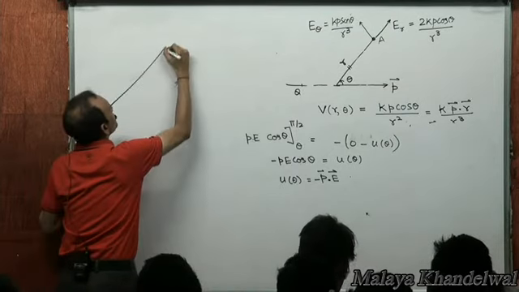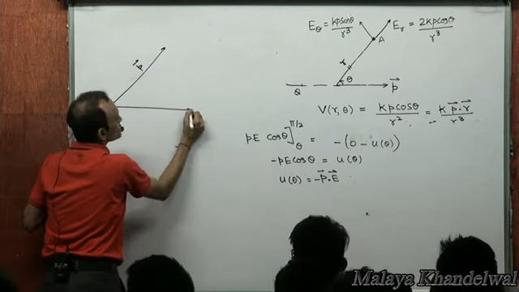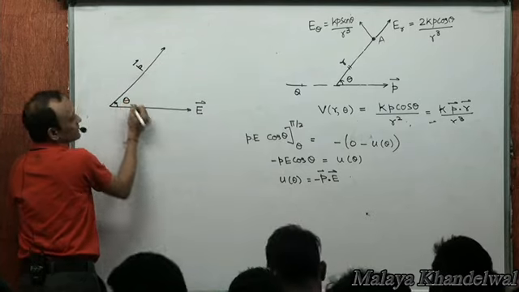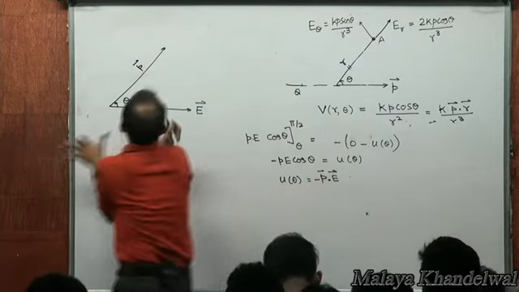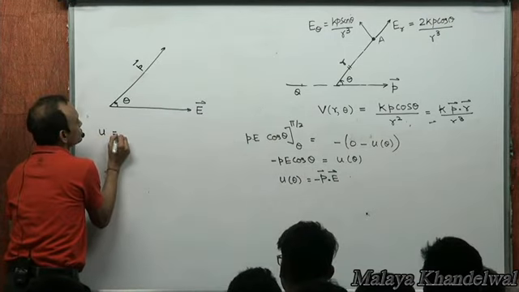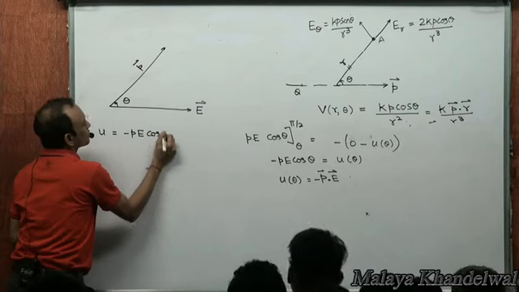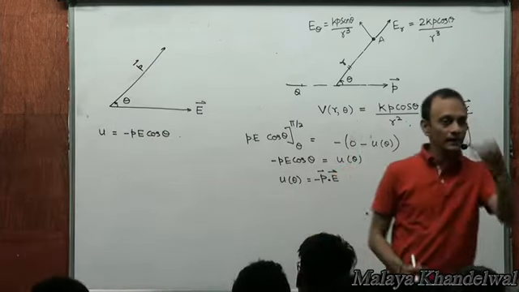So this was my dipole moment P. This was my electric field E. And the angle between the two was theta. The potential energy of this arrangement is minus PE cos theta, right?